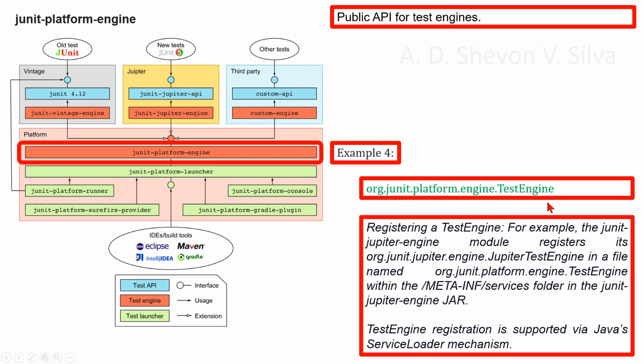For example, the JUnit Jupiter engine module registers its org.junit.jupiter.engine.JupiterTestEngine in a file named org.junit.platform.engine.TestEngine within the /META-INF/services folder in the junit-jupiter-engine JAR.